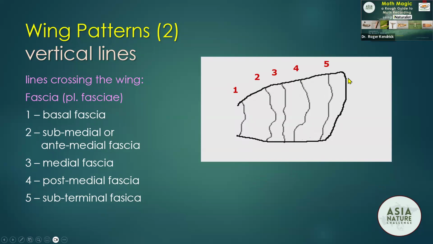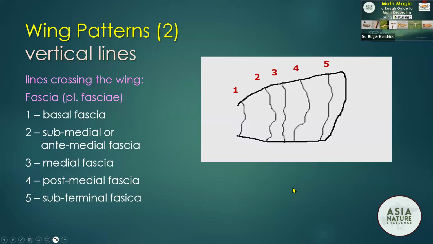And then underneath or before, so sub, the termen, there is the subterminal fascia. So lines are all fascia. Add an E in, you get the plural, fasciae. Other options, you can often have a subbasal and a terminal. Now, what does that look like for real? We'll get there. Be patient.